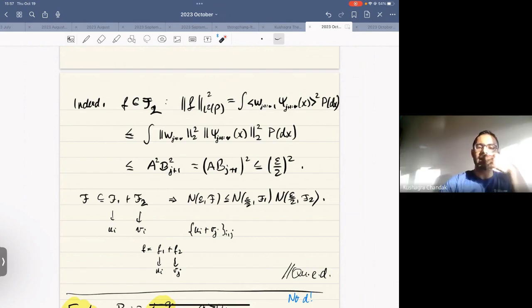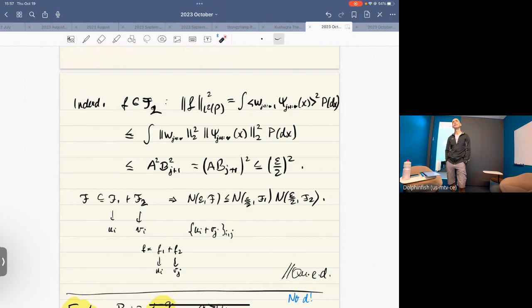Also, when we had the results for these surrogate losses, we had these norm-like quantities, and you were saying that sometimes even when D is infinite, we can replace it with these A squared B squared over epsilon squared quantities.